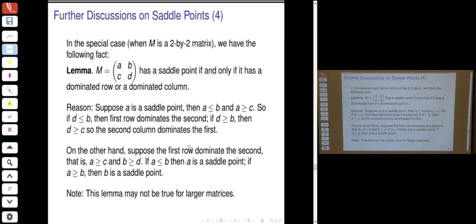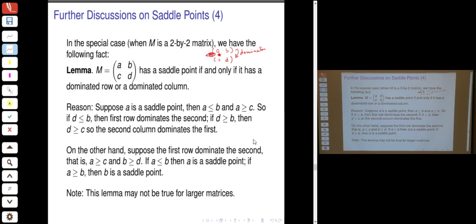So what is a dominated row or a dominated column? Let's say the row (A, B) dominates the row (C, D) if entry-wise there is inequality.